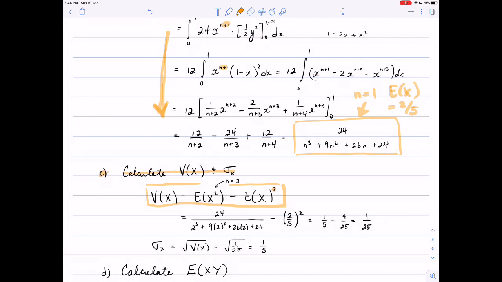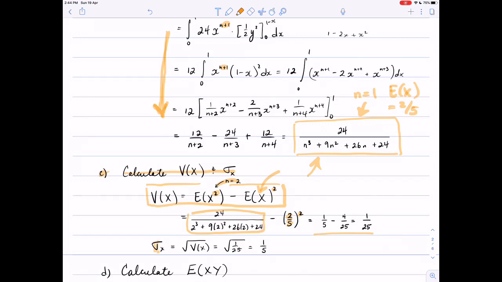Well, that's kind of handy because we already have this one from a previous question, and that's just the nth moment where n is equal to 2. So we can plug n equals 2 into that formula up there, and we'll get E of X squared. Here is E of X squared, and you go through and you calculate the answer, and you will get 1 over 25. That is the variance.